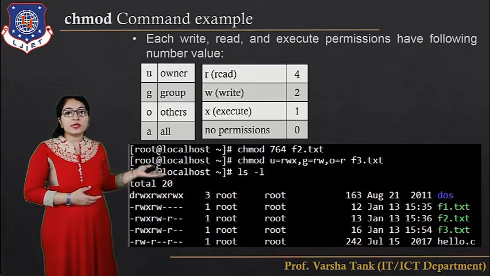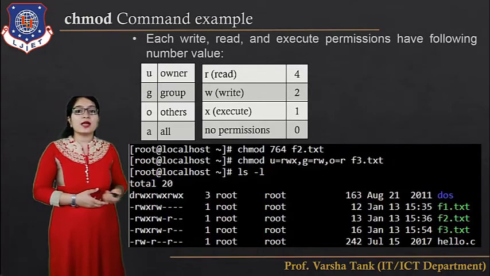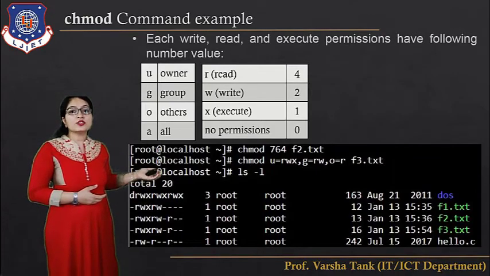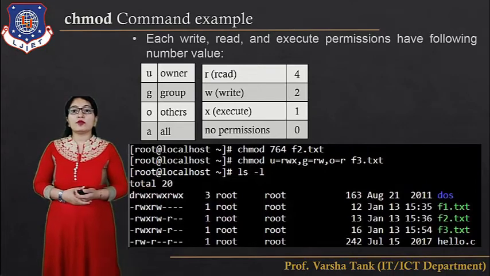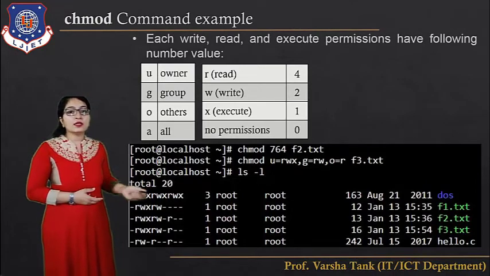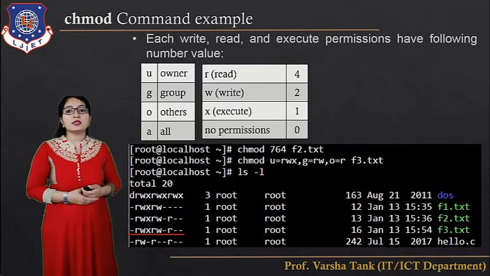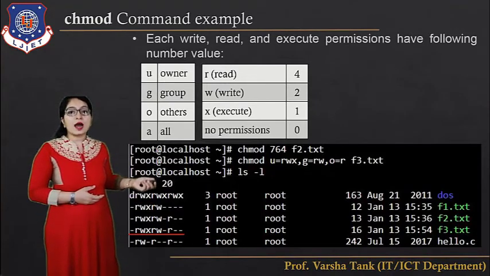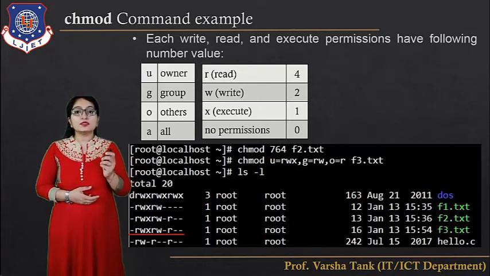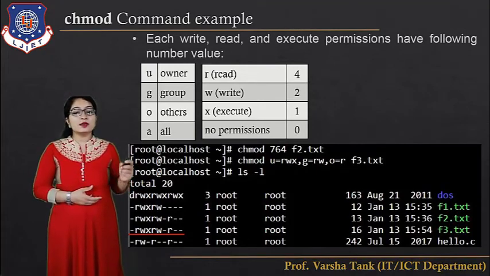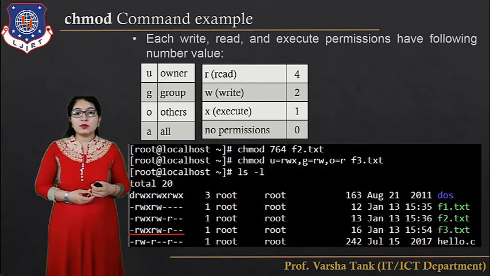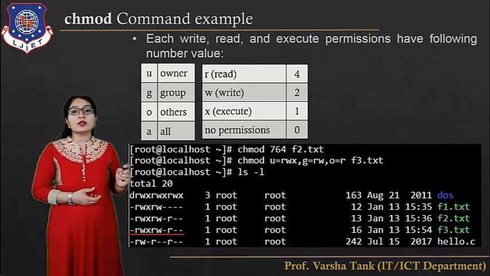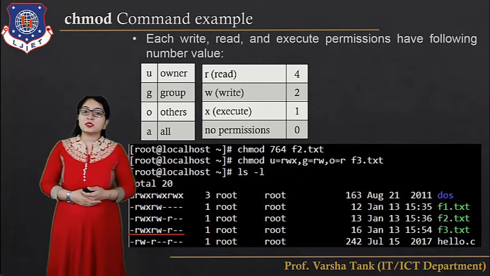Whenever you print in detail with ls -l, it will display the permissions you have defined for f3. For f3 you can see the permissions rwx, rw, and just r. That means for the owner user it is rwx, for the group user it is just read and write, and for others it is just read.